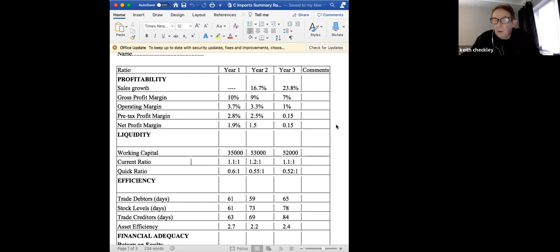So when you get this working capital figure, yes, it's important to do it, it's a very traditional ratio, but you have to be careful because although the answer appears to be better, moving from $35,000 to 53, when you get behind the figures, what's driving it is that huge increase in inventory, which could be good, or could have some hidden problems.